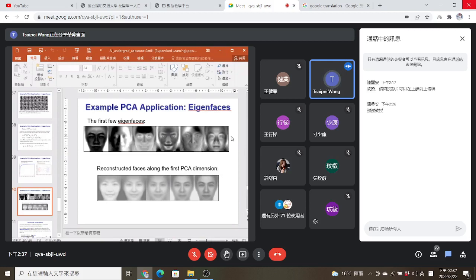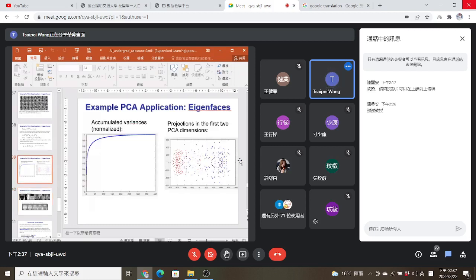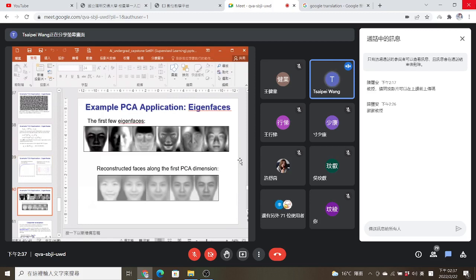Those are the principal components, the first 6 of them. And that's reconstruction along the first dimension. Now you can see that the larger variation occurs from female to male, from one side to the other side, which is quite interesting.